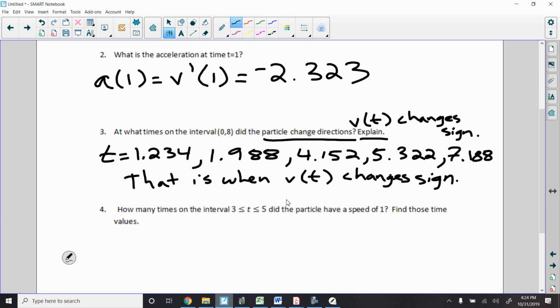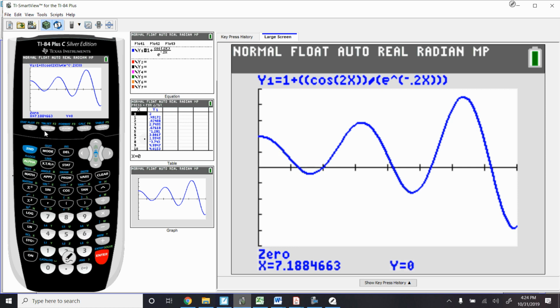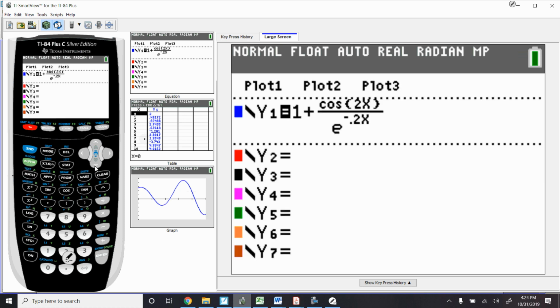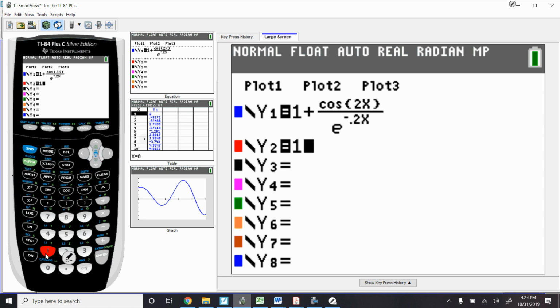The other thing you need to take note of here is I changed the window to 3 to 5. So let's go back and adjust our window to be between 3 and 5 for t, which is x on my calculator. And then I want to go ahead and graph both positive 1 and negative 1.